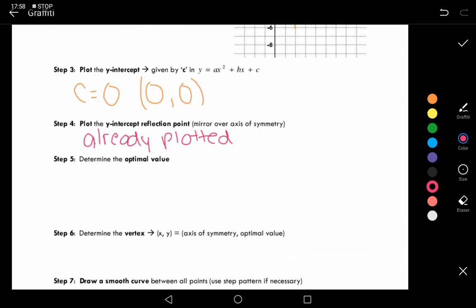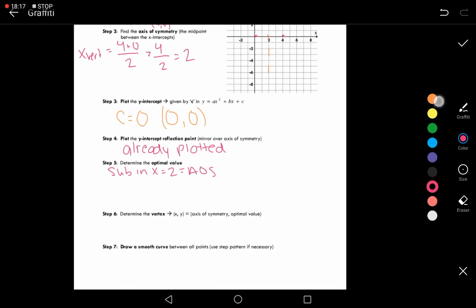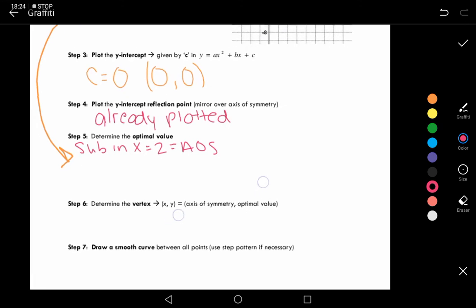Okay, step 5, determine the optimal value. Okay, so remember this is when we have to sub in the axis of symmetry for x. So sub in x equals 2, okay, which is your axis of symmetry. I just really want you to know where that's coming from. I'll even draw a line. So that is coming from here. Okay, and then we're just going to solve.